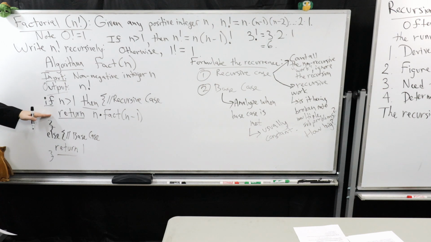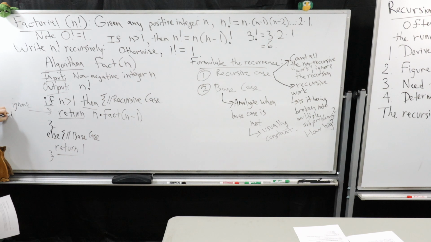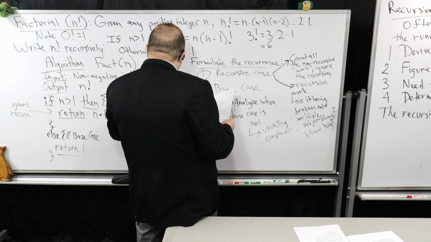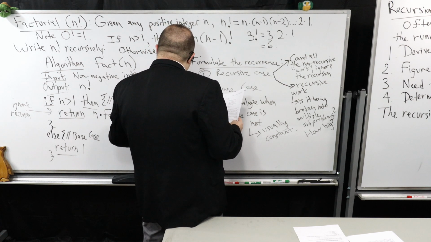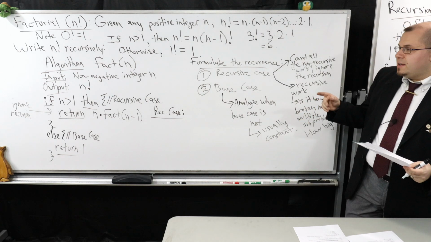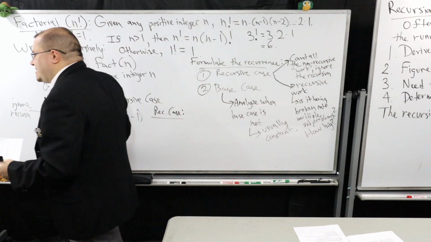If I ignore the recursion, so remember we want to ignore the recursion in this recursive case. So in the recursive case, each one of my recursive calls is going to be treated like some constant because all I'm doing is passing a number along.